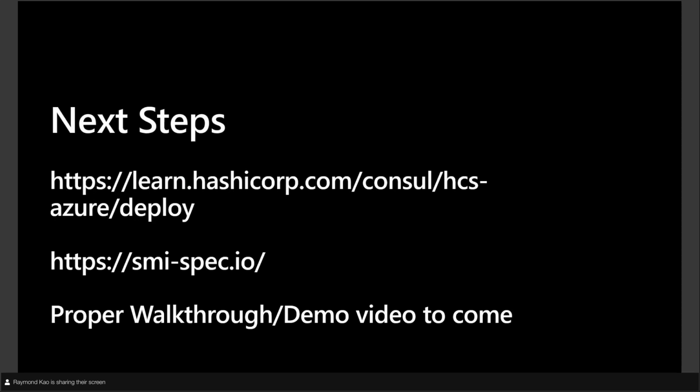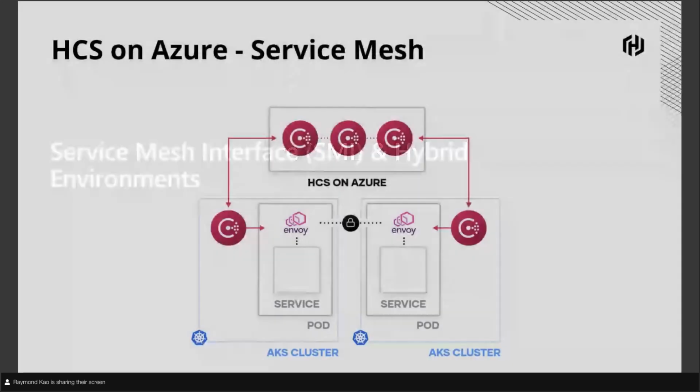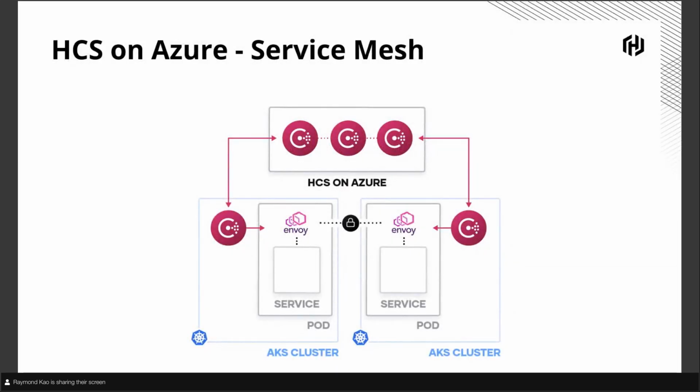In the future, we'll have a proper walkthrough of how to actually deploy this and what that migration path looks like, in terms of going from a purely VM service that's leveraging Consul to a mixed environment, to how do we drain everything over to Kubernetes altogether if we need to. All right, so leveraging SMI in there as well to maintain our policies and the traffic weighting and routing accordingly.